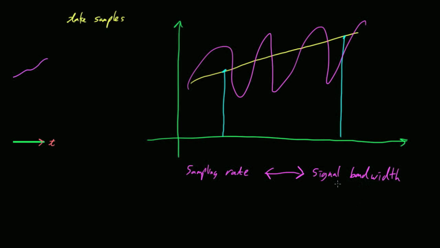Generally speaking, more samples means a better representation of the signal, and it means I can pick up more of these high-frequency jiggles in my signal. The downside of having too many samples is that your digitized file may be bigger than necessary.